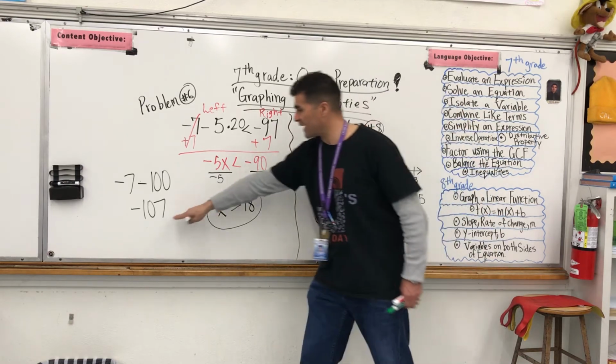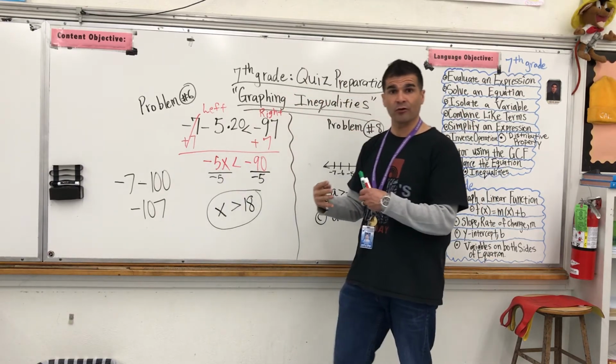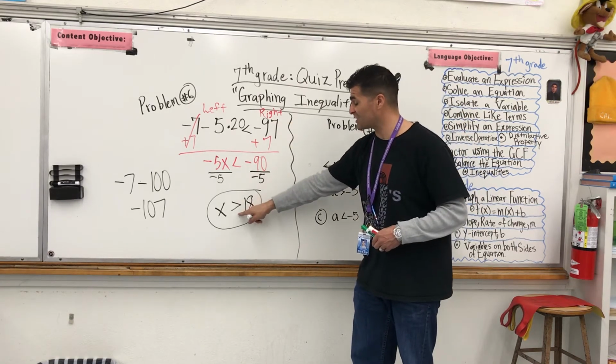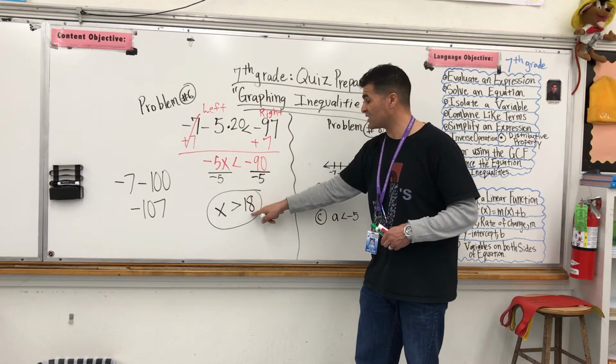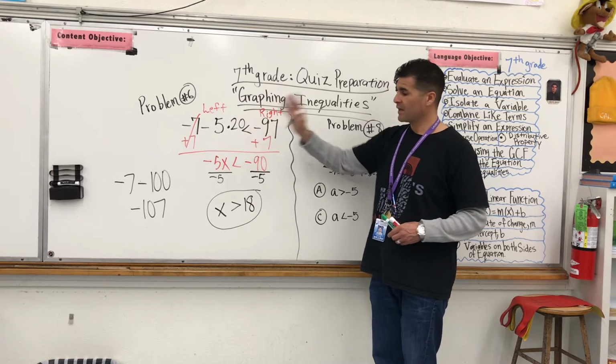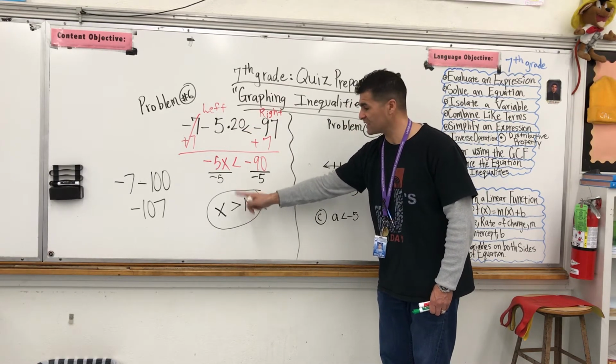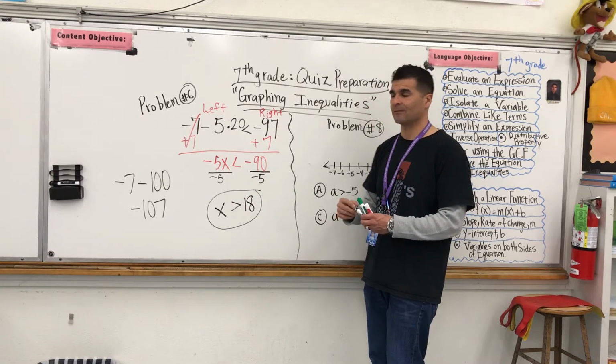See, the more negative a number is, the smaller it is. So this side will actually be greater as long as x is any number greater than 18, like 20. This is what your answer is supposed to look like on tomorrow's quiz: x is any number greater than 18.